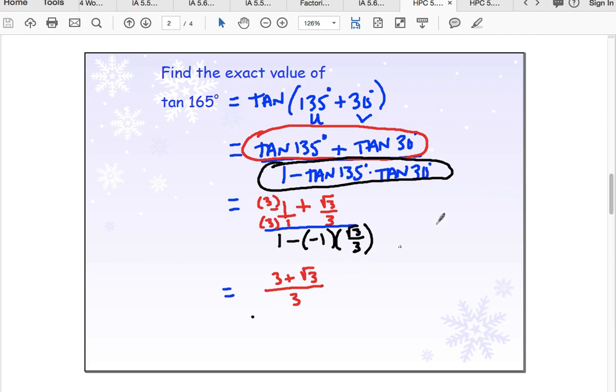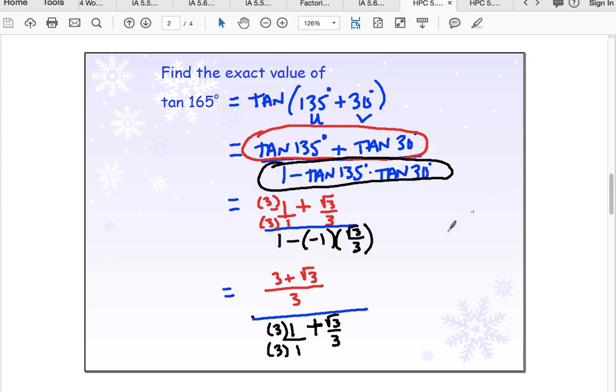Okay, and then all of that divided by, and then the stuff in black, -1 times square root of 3/3 would be a negative square root of 3/3, and then I'd have 1 minus that. So really I could do 1 plus. Minus a negative turns into a plus. And I would need a common denominator for these as well.